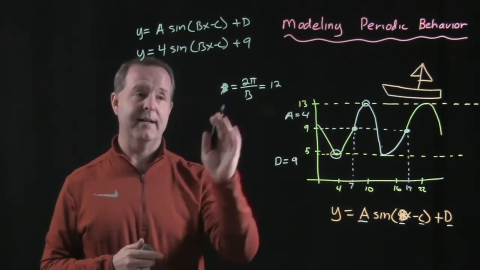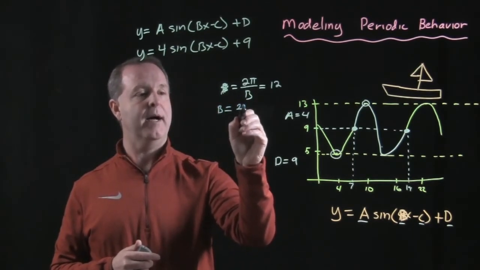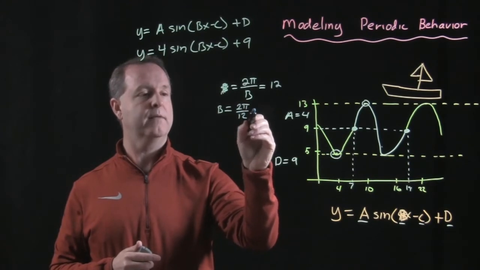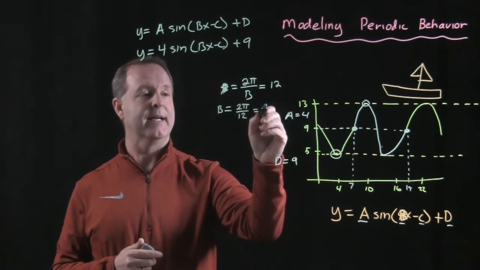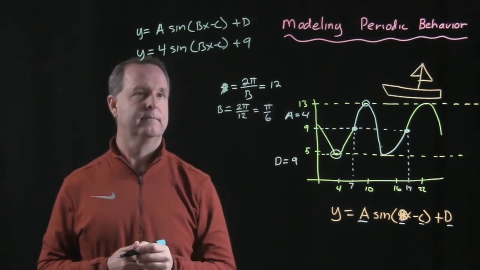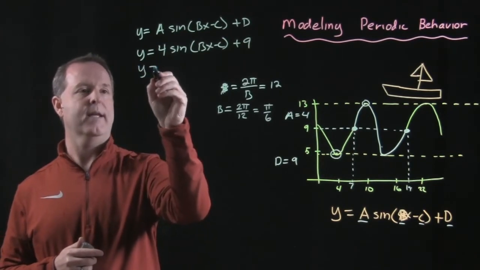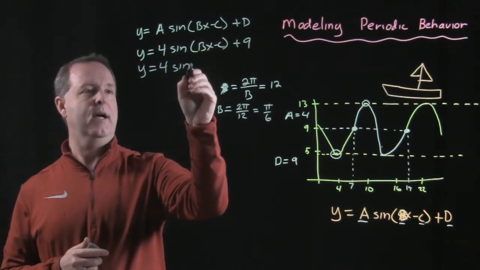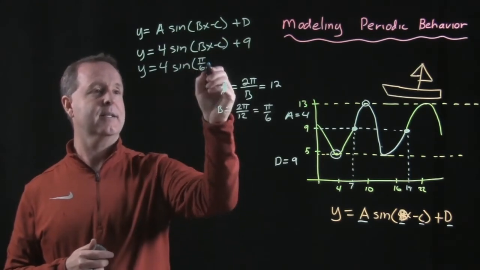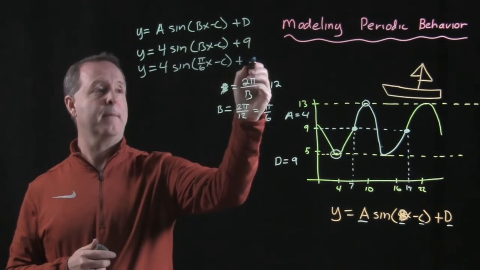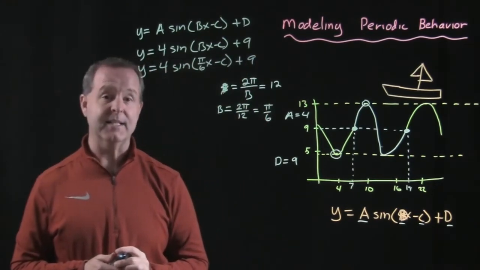I can solve that for b. b equals 2 pi over 12, and that equals pi over 6. All right, so I can add that to my equation. So let's make that y equals 4 times sine, b is pi over 6, x minus c plus 9. Now what we don't have is our phase shift.